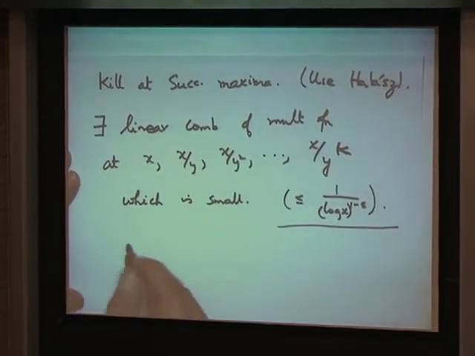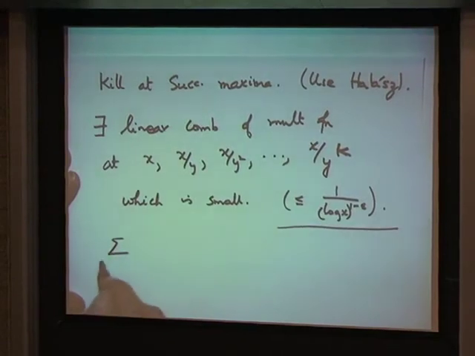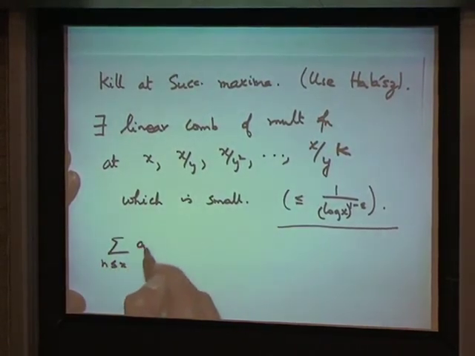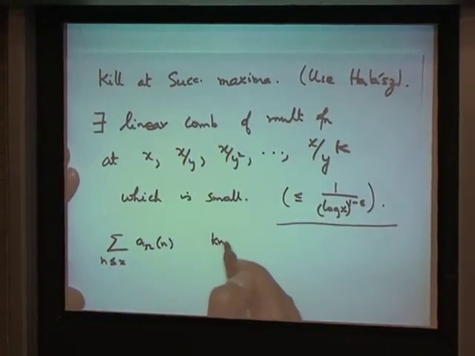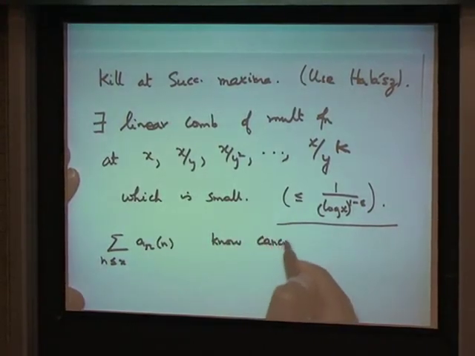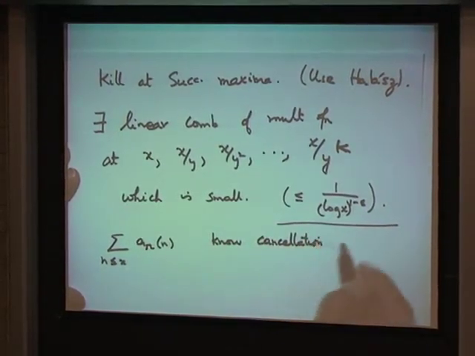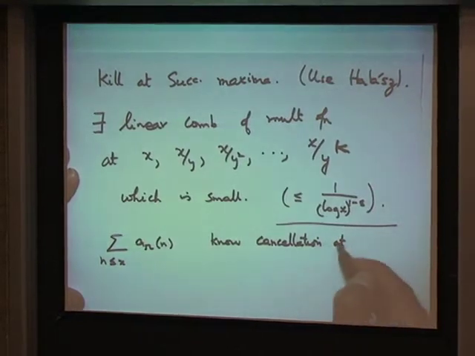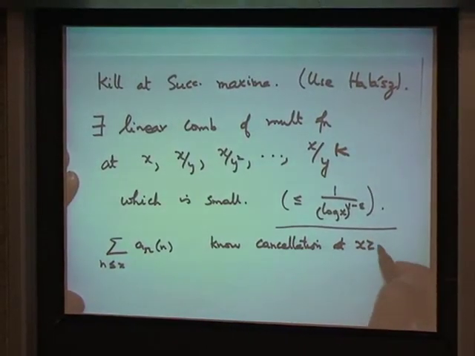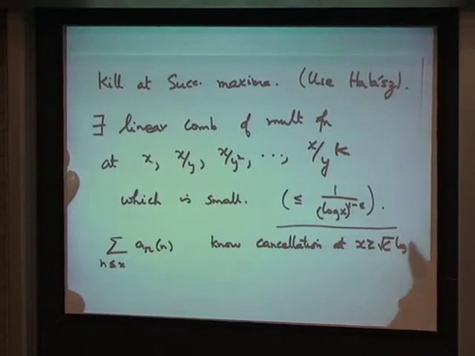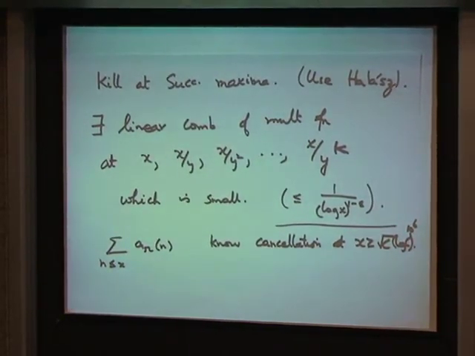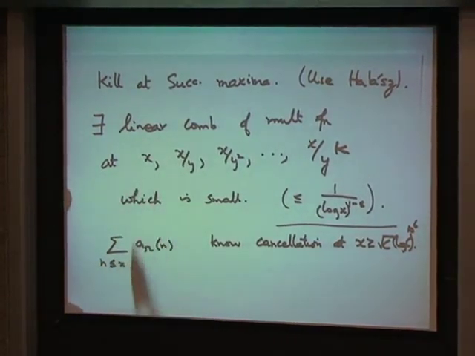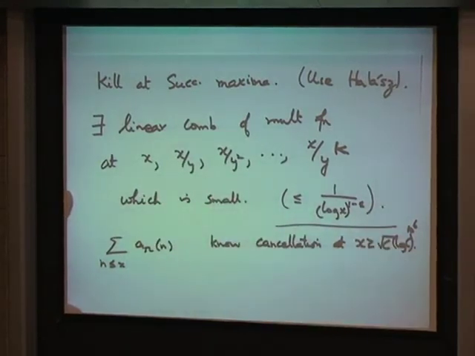What I know is that if I take the sum n up to x of a of pi n, there's cancellation for x bigger than square root of the conductor times log of the conductor to some power, a million, let's say. Well, I know that there's a linear combination at these various points, which I know to be small.